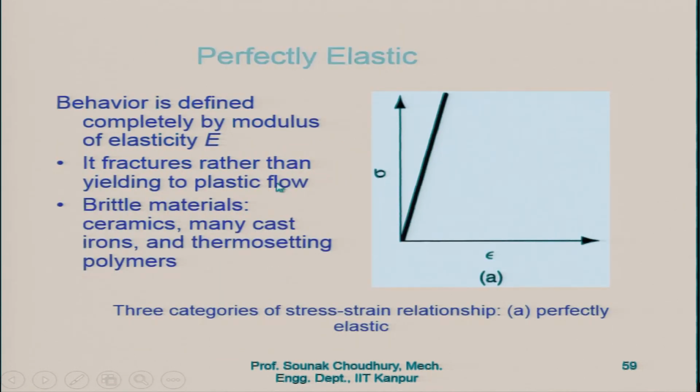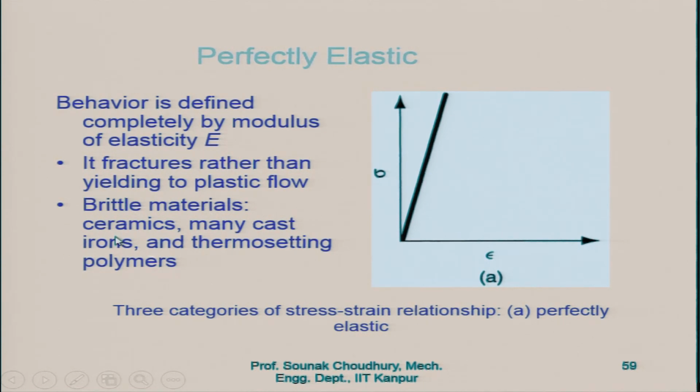All right, let us see perfectly elastic. Now, this is a straight line where the stress is proportional to strain, and the behavior is defined completely by the modulus of elasticity, okay. It fractures rather than yielding to plastic flow. It fractures here, it will not yield and it will not demonstrate the plastic flow, as in the case of a brittle material, all right.